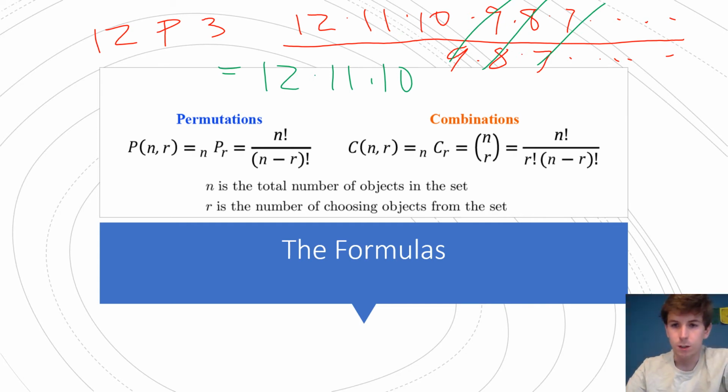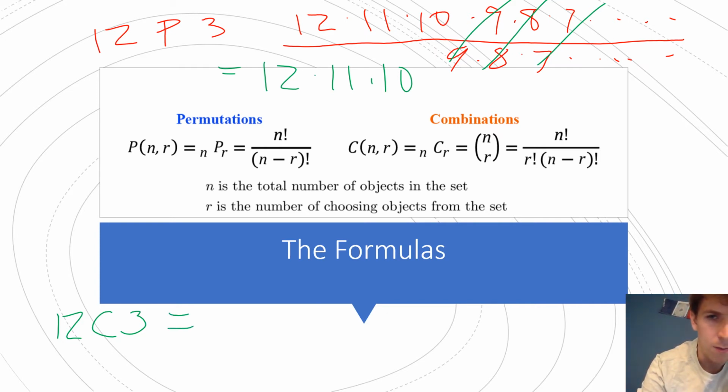For combinations, what we found in the second part, we were trying to make a governing council. We were trying to find 12C3, and using that formula, n factorial divided by r factorial times n minus r factorial.